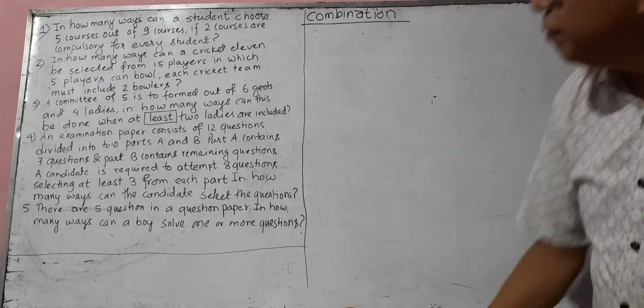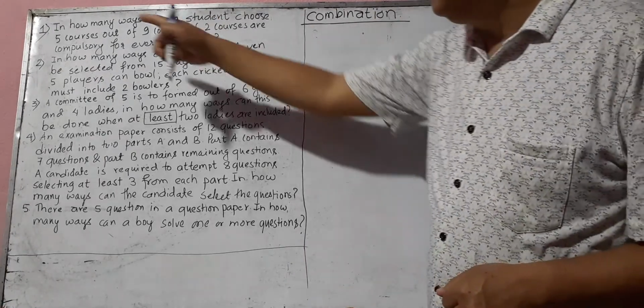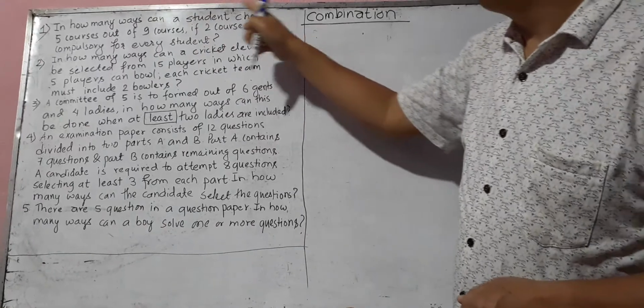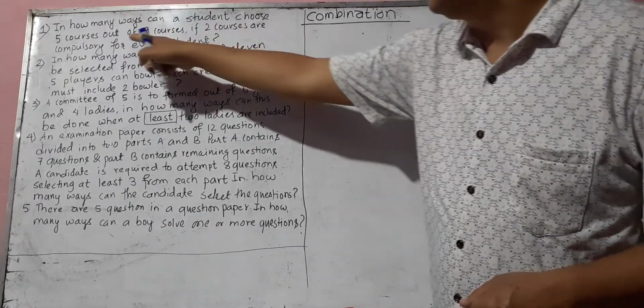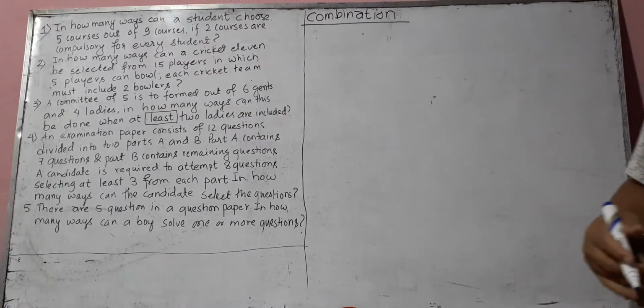Look at the first problem. In how many ways can a student choose 5 courses out of 9 courses if 2 courses are compulsory for every student?